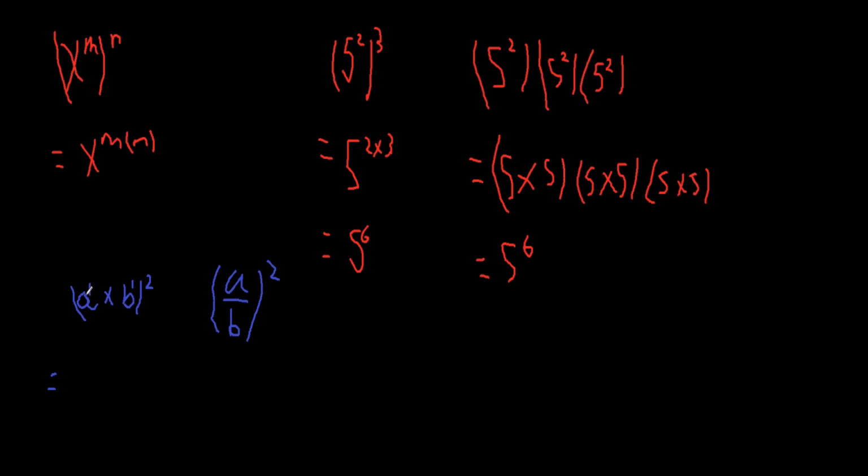So that becomes a and to the 1 times 2, which is a squared, times b squared. The same applies here. So we have a to the 1 and b to the 1. So that becomes a squared, because 1 times 2 is 2, and we have b to the 1 times 2, which is b squared.